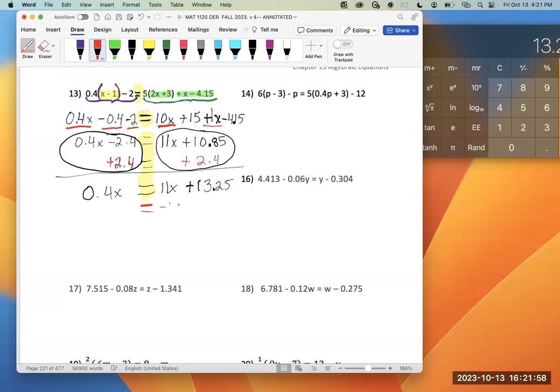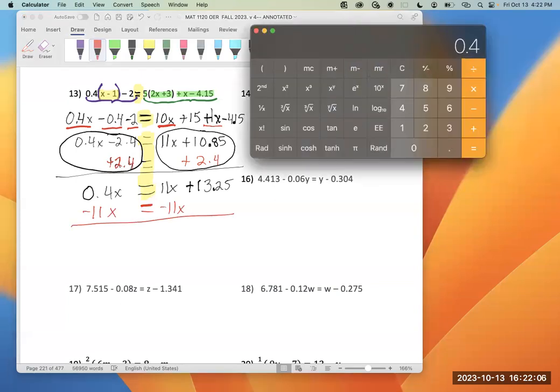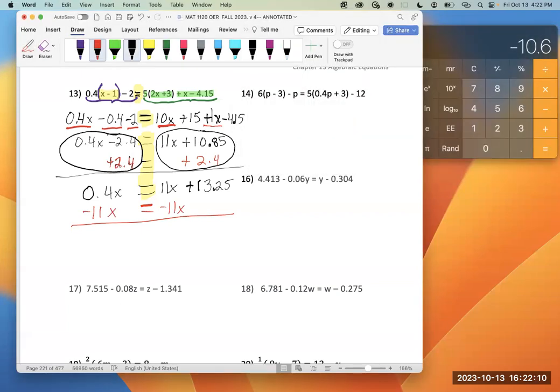I'm going to choose to subtract 11x from both sides. So now I have 0.4 minus 11, 10.6 negative. Keep your equal signs lined up. Left side, because it's negative 10.6x, right side is still 13.25. My goal is still to isolate the x.